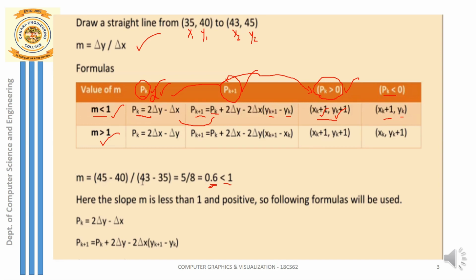And what is the formula for calculating the next decision parameter pk plus 1? It is the previous pk value, same as the above formula, plus 2 delta x minus 2 delta y, but with an interchange of x and y. Within the brackets it is the difference in x coordinates this time, that is, xk plus 1 minus xk.